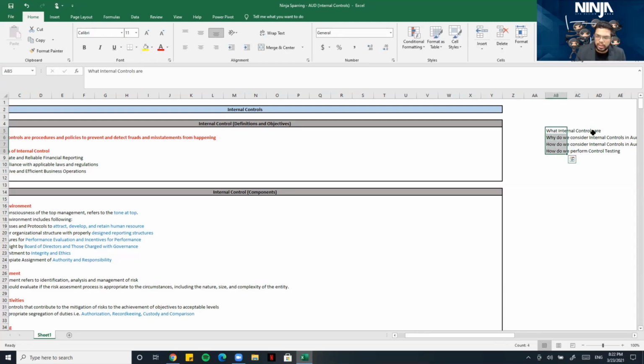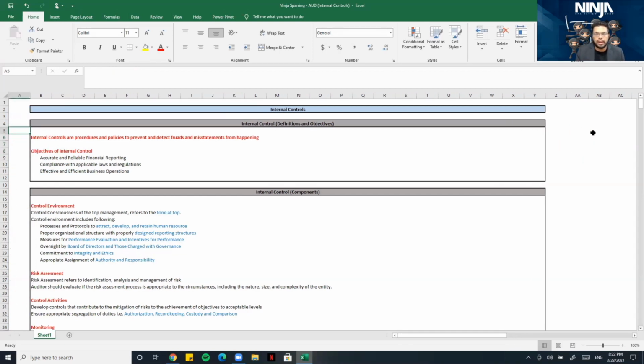Now, what is internal control? First, let's answer that. Internal control is essentially any rule, any process in place which will stop or prevent errors from happening. So, for example, and because we are doing financial audits, we are mostly concerned about internal controls over financial reporting.